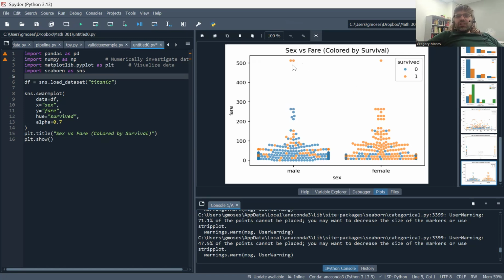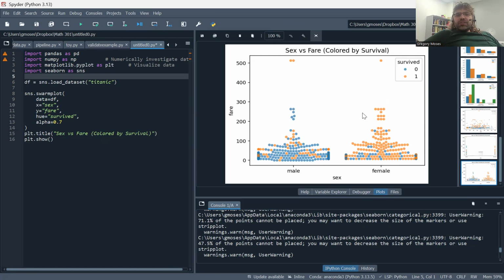And we do see, we'll talk about these later, these super wealthy passengers, or as we'll later see, one super wealthy passenger and his servants. We do see survival up here, but here's a cluster and here's a cluster.